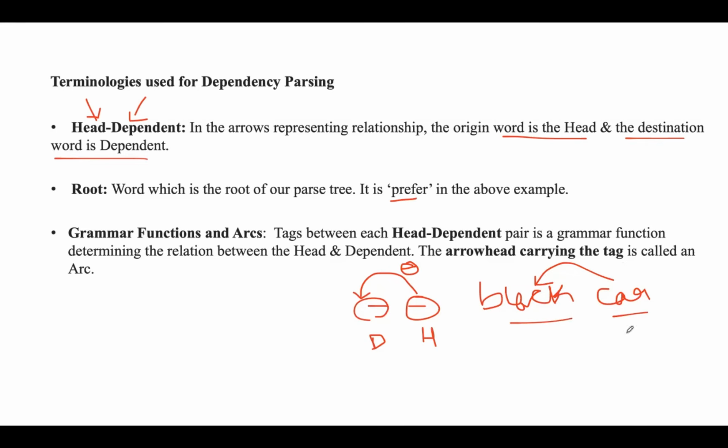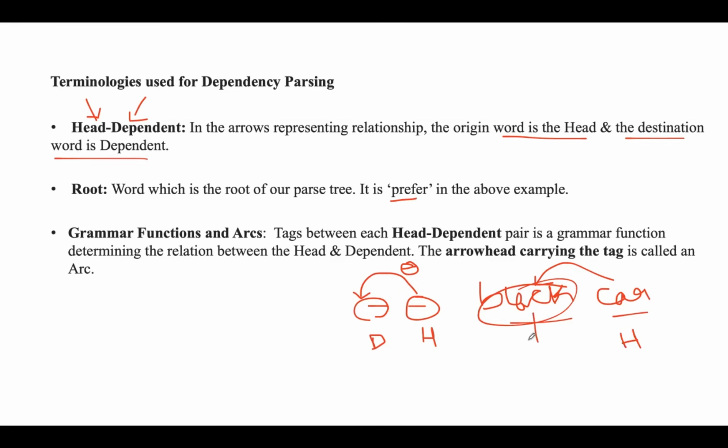I told you that without the head node, there is no meaning for a particular phrase. Here, if I consider only black, then we don't know what that black refers to. So car plays an important role, and that is considered the head word. But without the dependent node, there can be a head node.